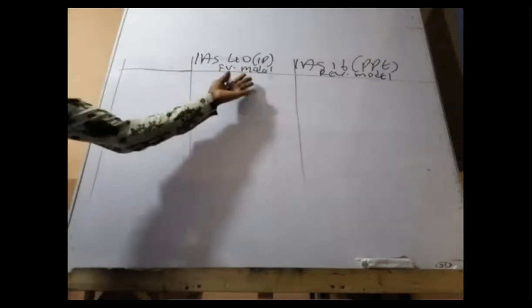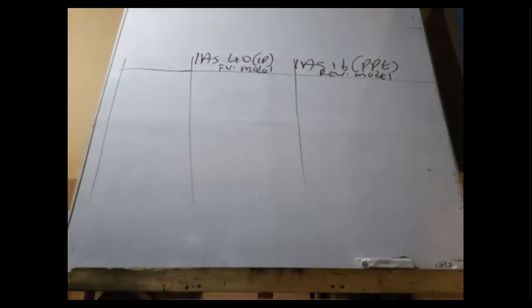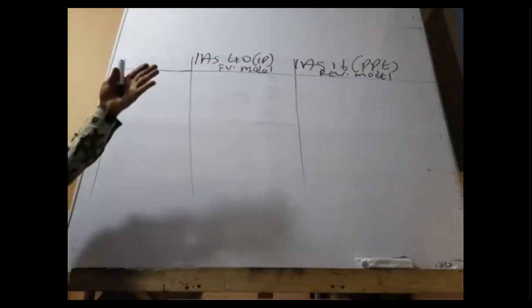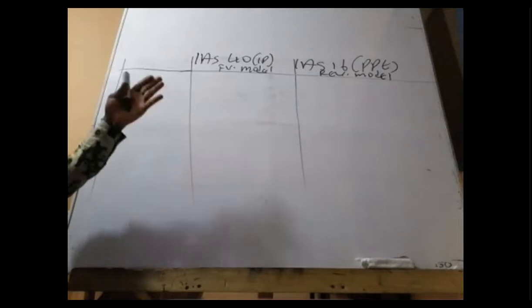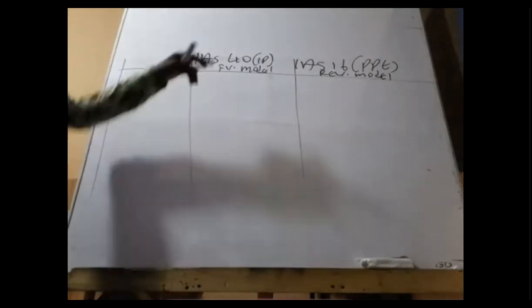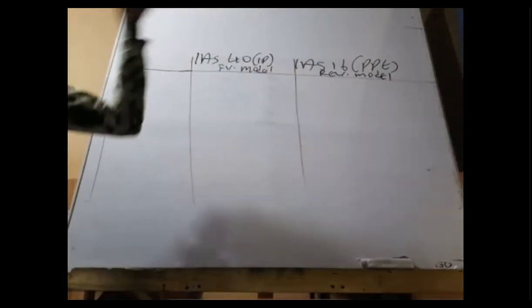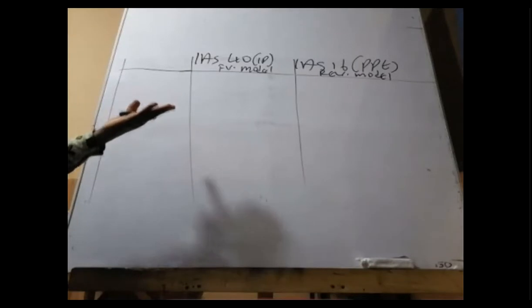Besides, before we start the question, we mentioned this for you. What is the difference between fair value model under IAS 40 and revaluation model under IAS 16? So we've already mentioned that to you.